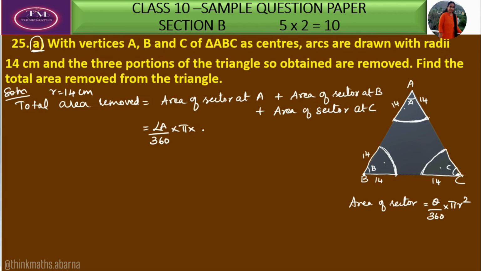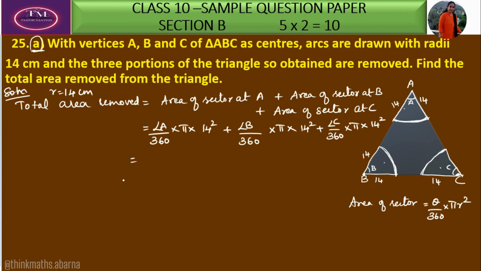So R is equal to 14. So 14 square, plus in the same way area of sector at B, angle is B. Theta is B divided by 360 into pi into R square is 14 square, plus here the angle is C. So angle C by 360 into pi into 14 square.